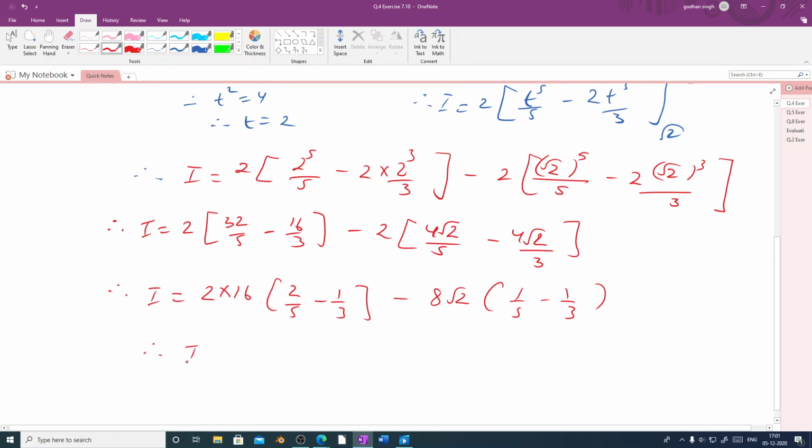So therefore I equals 32 into this is 6 minus 5, that is 1, so into 1 by 15, and minus 8 root 2, and this will become 3 minus 5, that is minus 2 by 15.